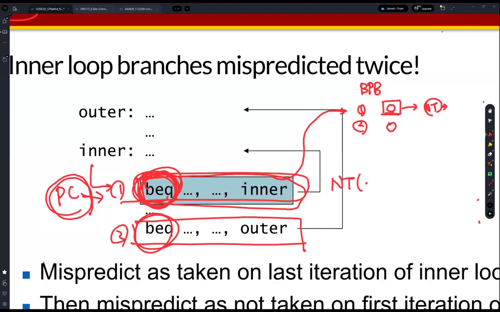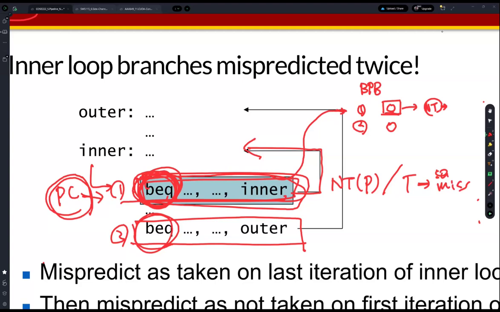That is the predicted value. But this is the first iteration of the loop, so it will be taken. The real value is taken. So what does that mean? This is incorrect. It's a miss, right?